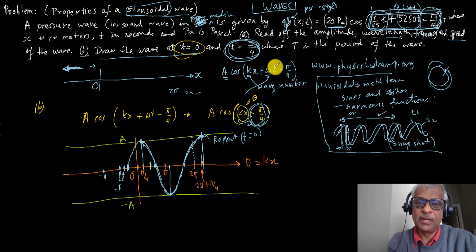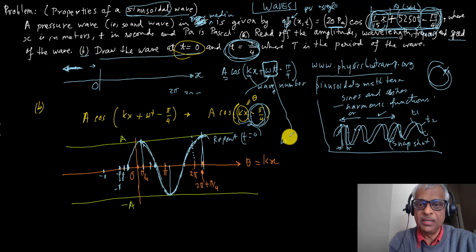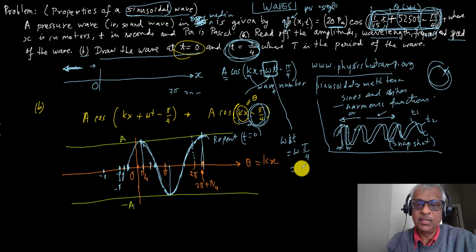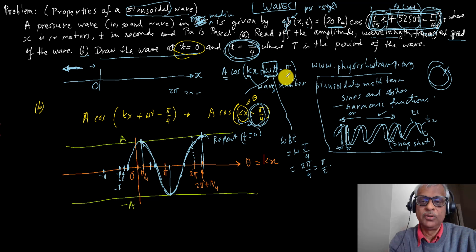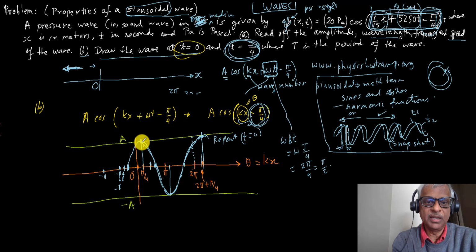At a quarter period later, omega times delta t, where delta t is T over 4, becomes 2 pi over 4, which is pi over 2. So this will move to the left.